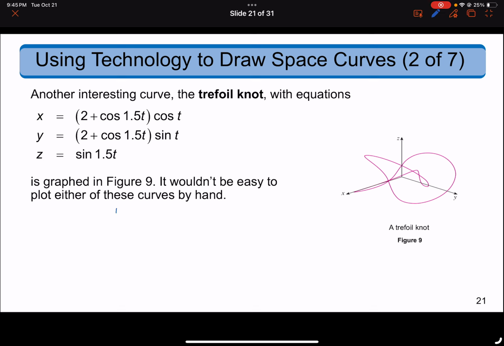So again, we can have t equal to 0 with an interval of 0.01 up to 100, semicolon.